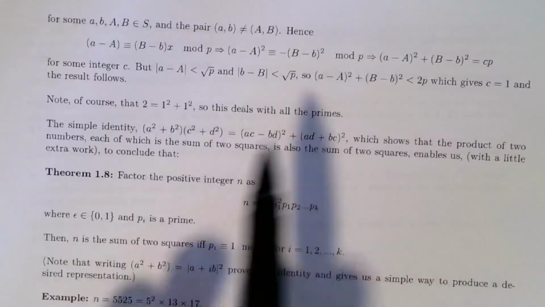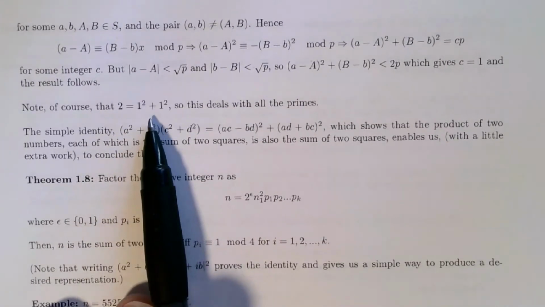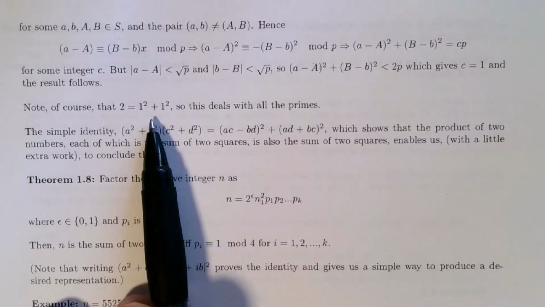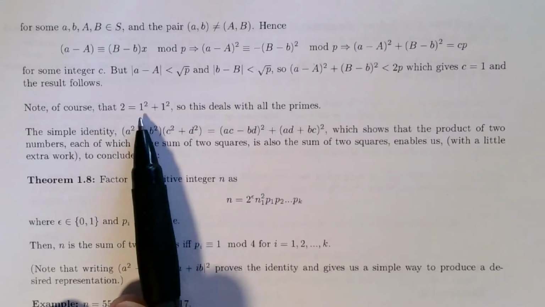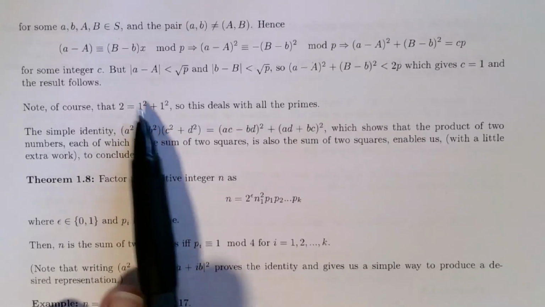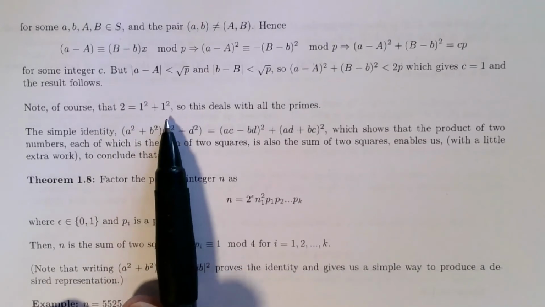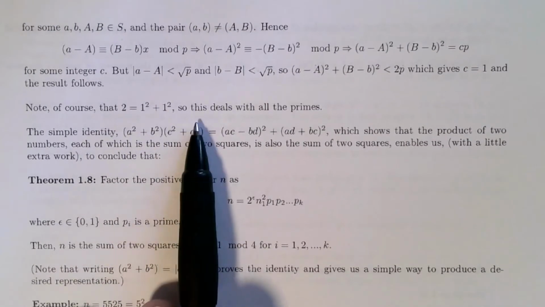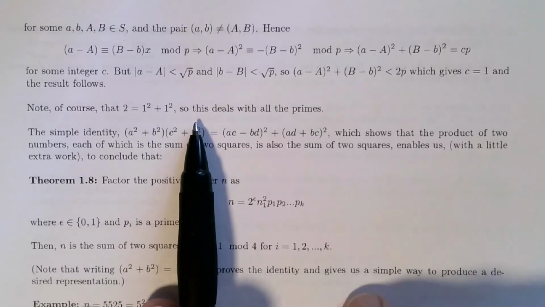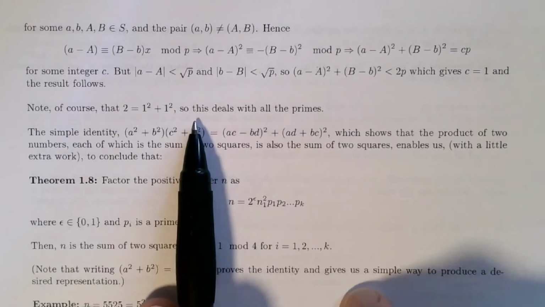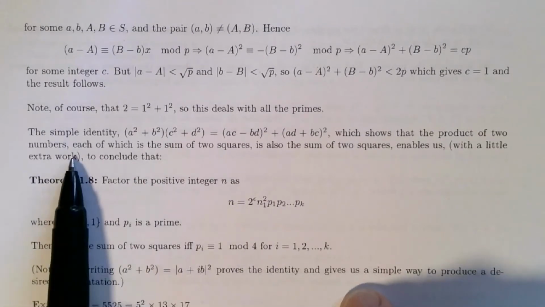So the prime 2 is trivially the sum of 2 squares, a 1 mod 4 prime is always the sum of 2 squares, and indeed we'll see shortly that it's unique. It is in fact unique up to order and perhaps putting in some minus signs in front, so you could write this as minus 1 squared plus minus 1 squared. So up to signs and order, every 1 mod 4 prime is in fact uniquely the sum of 2 squares, and every 3 mod 4 prime is not.